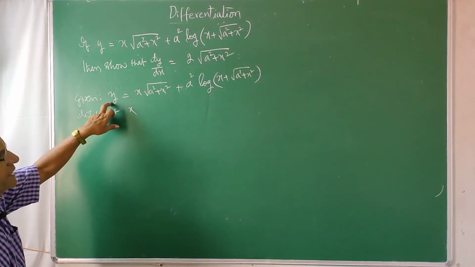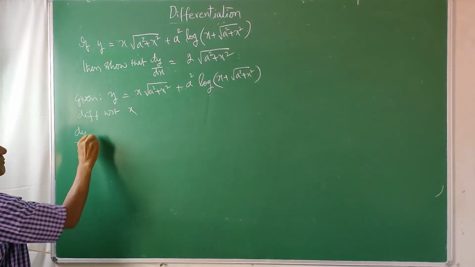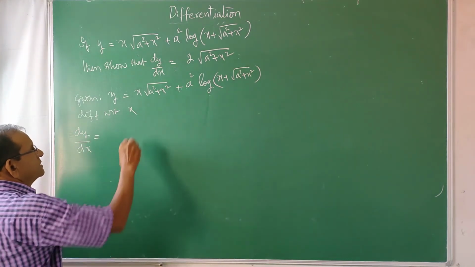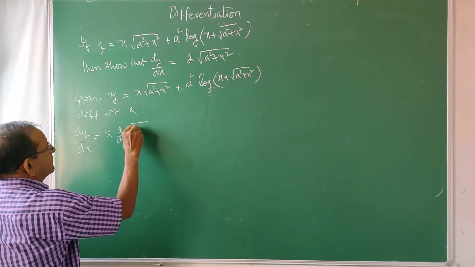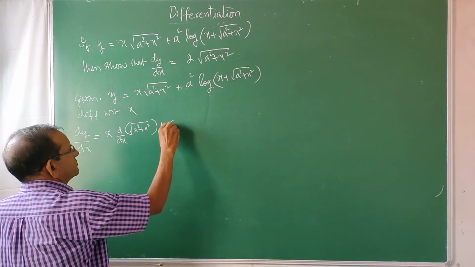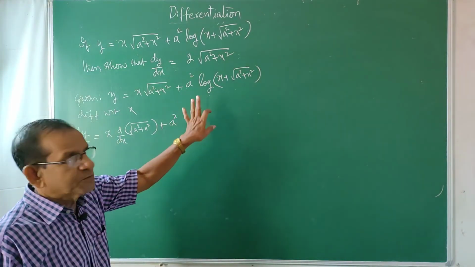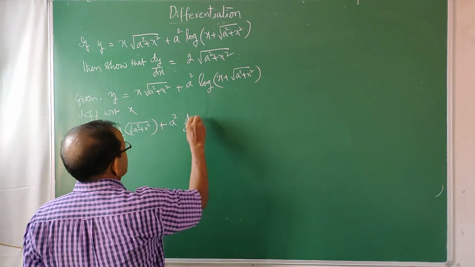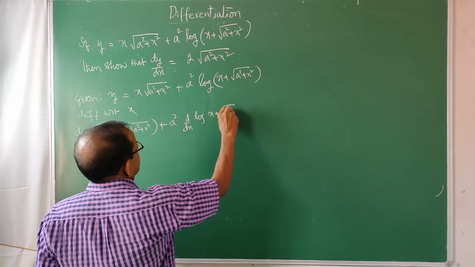You will get dy by dx is equal to, it is a product. First x into d by dx of root of a square plus x square, plus a square into, it is not a product, a square is a constant, you can keep it outside, d by dx of log of x plus root of a square plus x square.